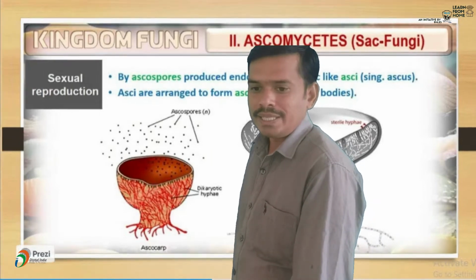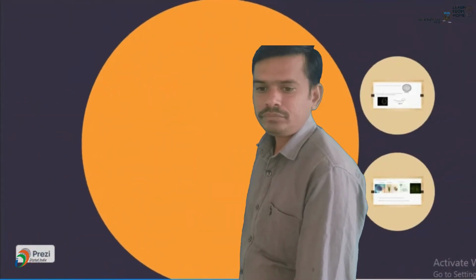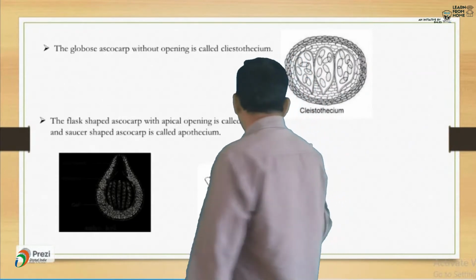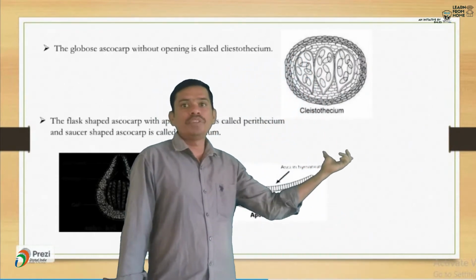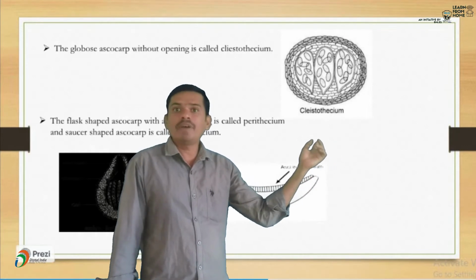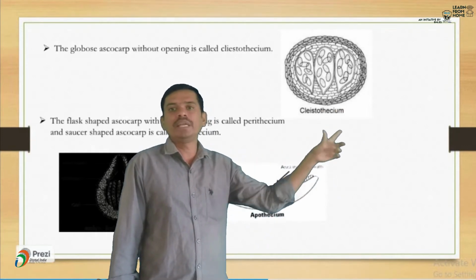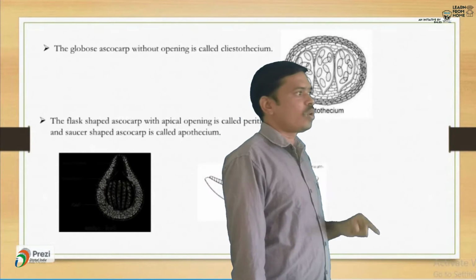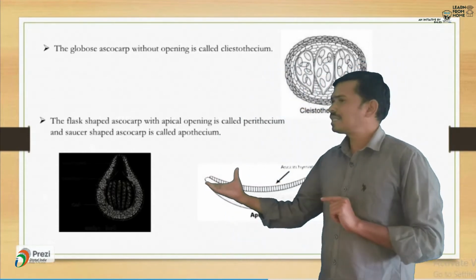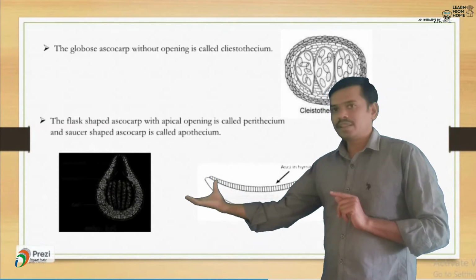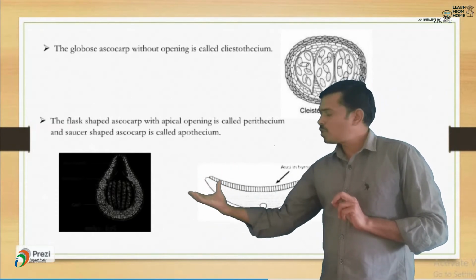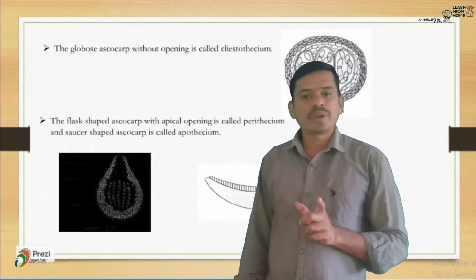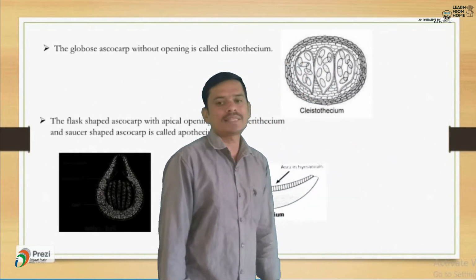Now, the ascocarp types. A globose ascocarp without an opening is known as cleistothecium. A flask-shaped ascocarp with an apical opening, a small opening point, is known as perithecium.